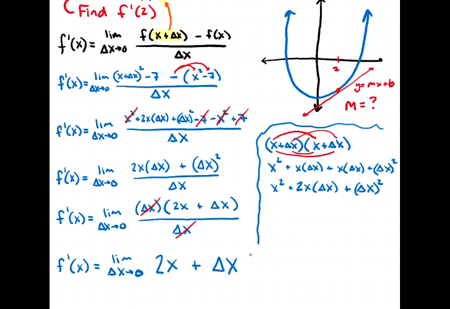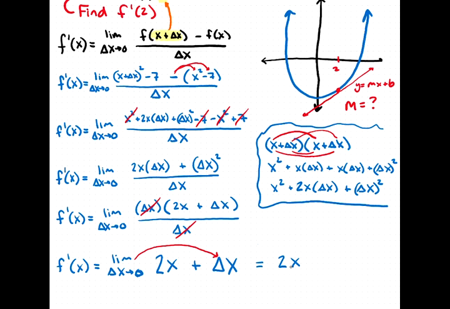Now, notice, we have not done any calculus yet. This is all algebra. We're finally at a step where we can do some calculus, where we could actually apply the limit. Delta x goes to 0. So this is equal to 2x plus 0, or just 2x.